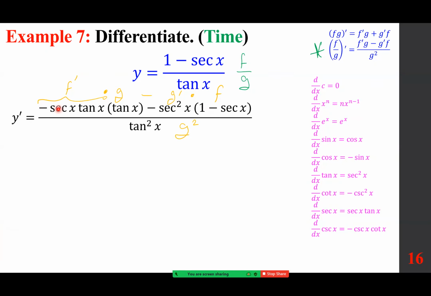We are going to distribute. When we multiply these two, we get minus secant x tan squared of x. When we distribute this one, we get minus secant squared x. And then with the last one, we get plus secant cubed.